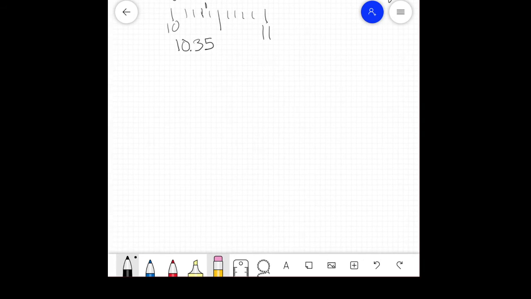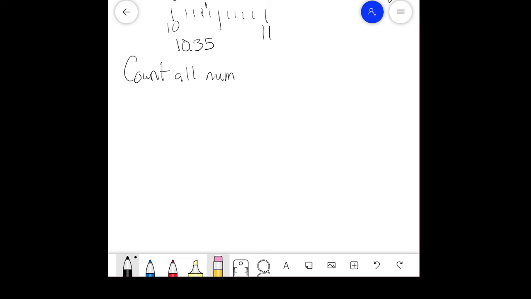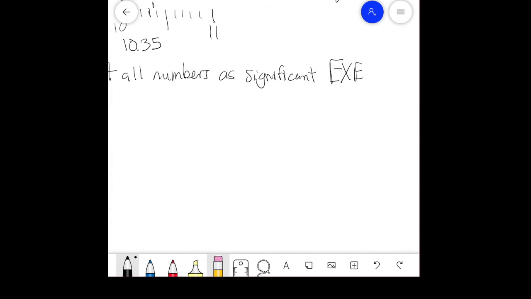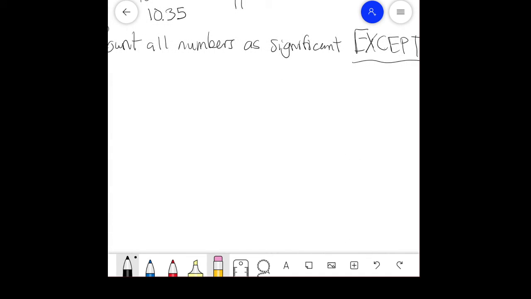So when you're doing significant figures, you count all numbers as significant except, I cannot spell today, except leading zeros.